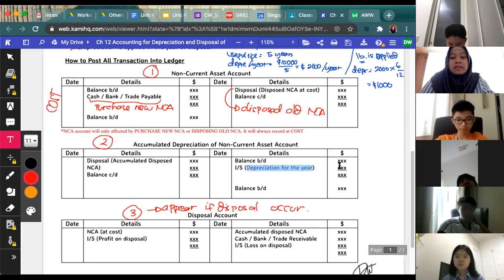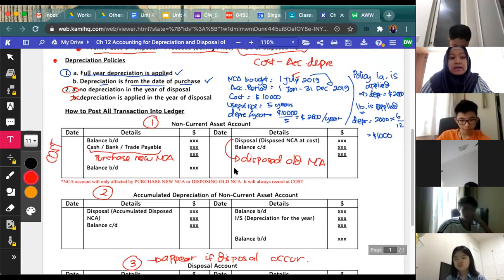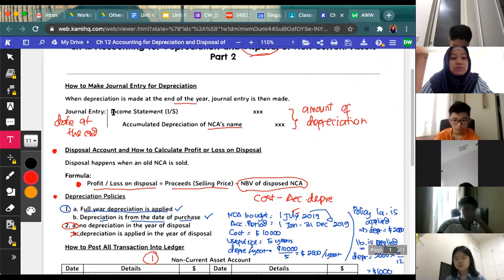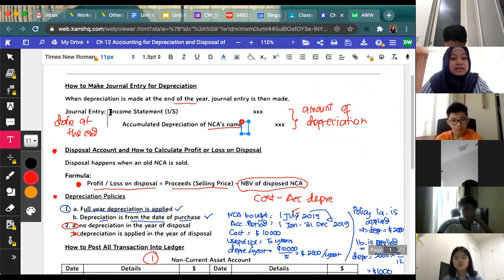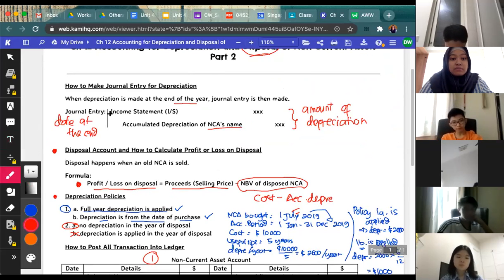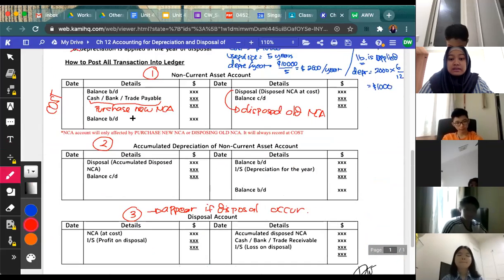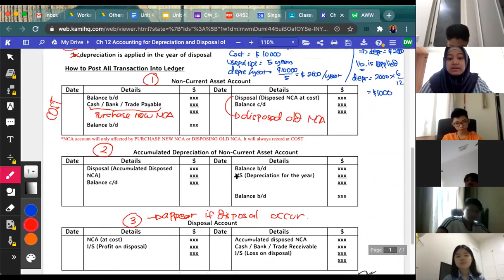Logic. So it will add on the credit side. And the detail will be IS. Why is it IS? Back to our journal entry, accumulated increases on the credit side, and the debit side will be the income statement over here, yeah? That is why the detail over here is IS.